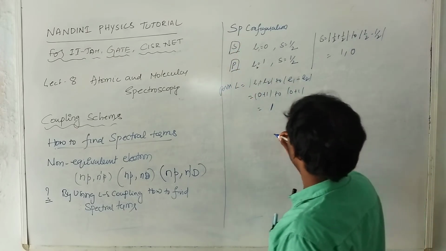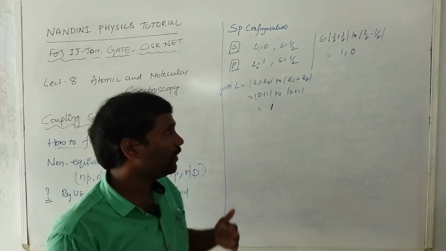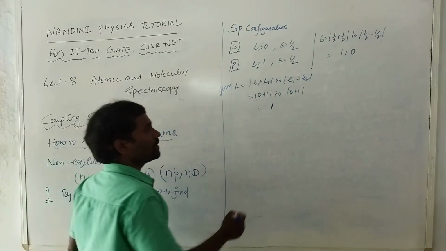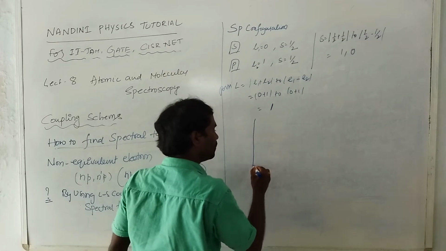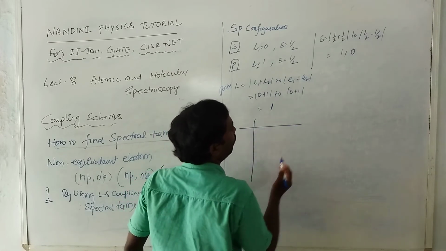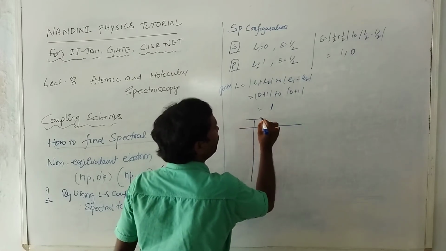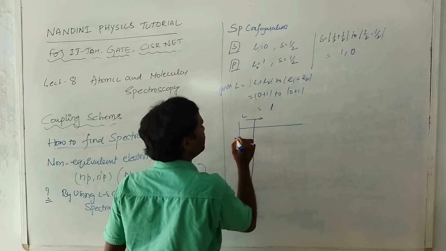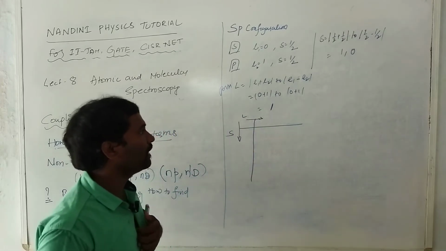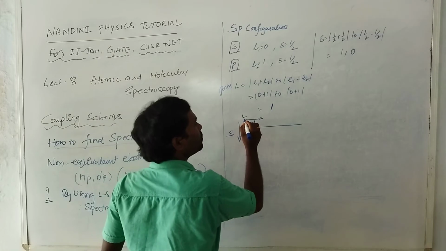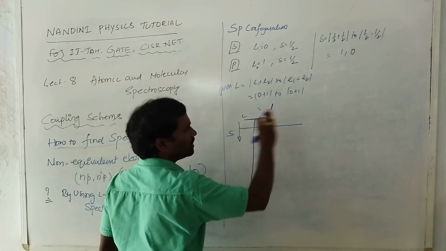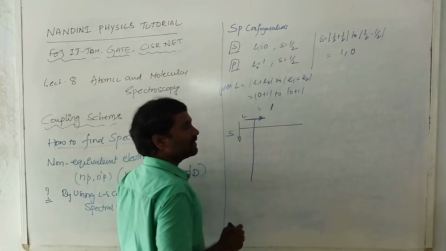So, how do we find the spectral terms? Simply take a diagram model. This direction always represents the L value, and this direction always represents the S value. Consider the L values in this direction and the S values in this direction.